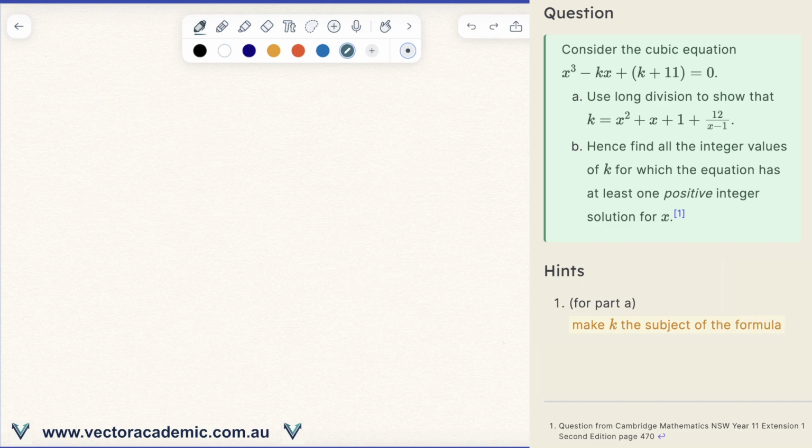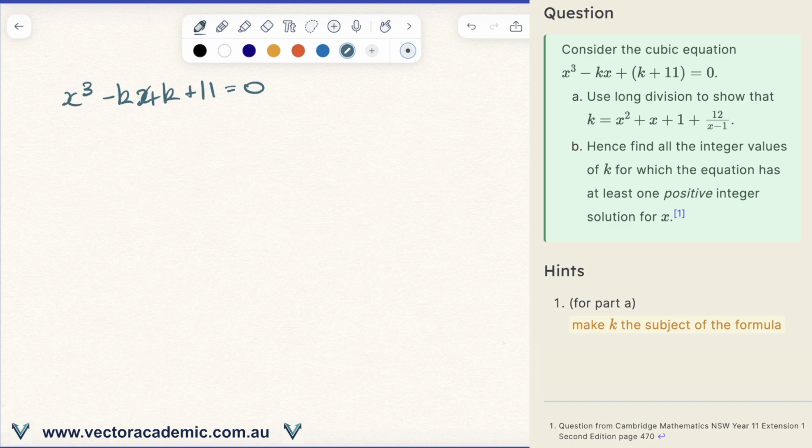Your hint for part A, if you get stuck or simply can't think what to do first, is to make k the subject of the formula. So to do this, we have x cubed minus kx plus k plus 11 equals 0.